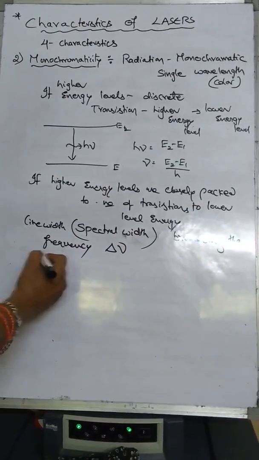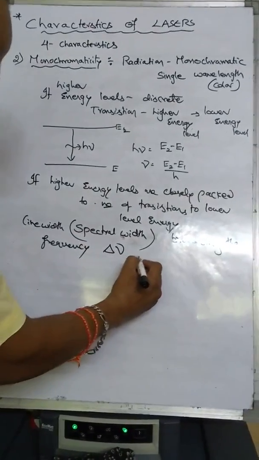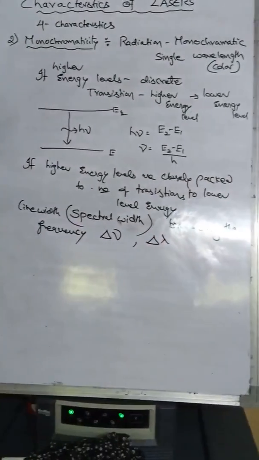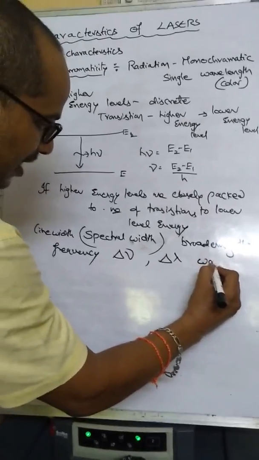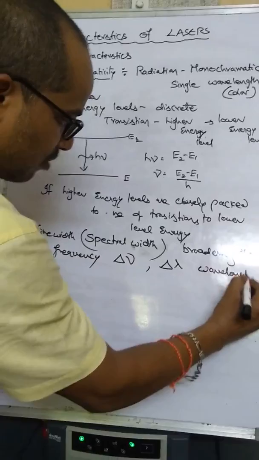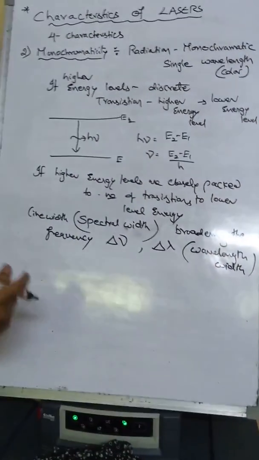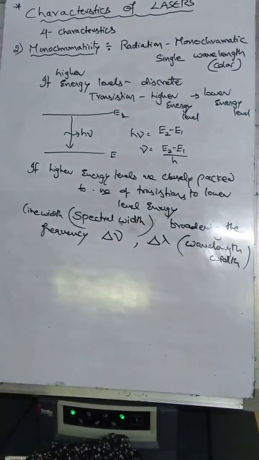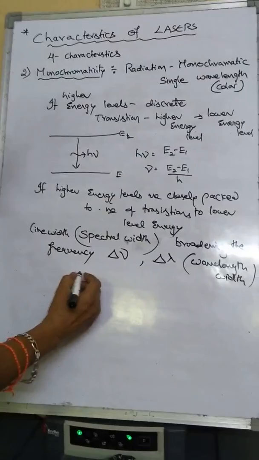So if there is a radiation in the interval nu, delta nu, automatically there will be a broadening in wavelength too, which is also called the wavelength width. This spreading of the spectral distribution governs the monochromaticity.